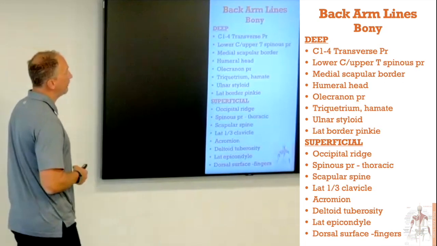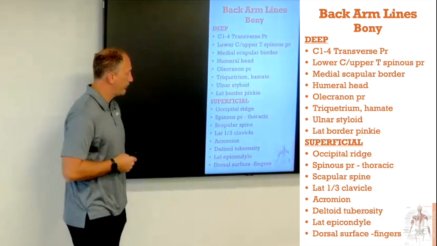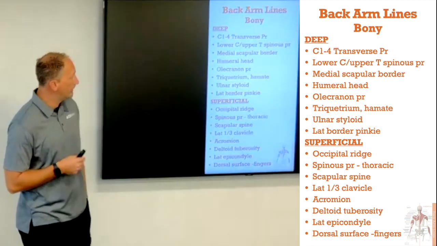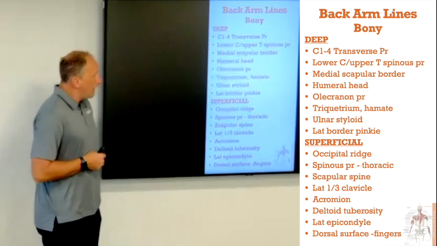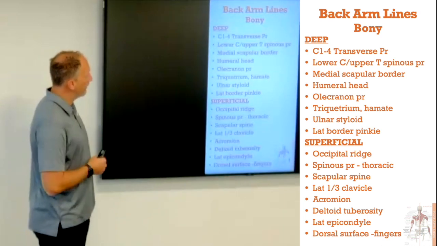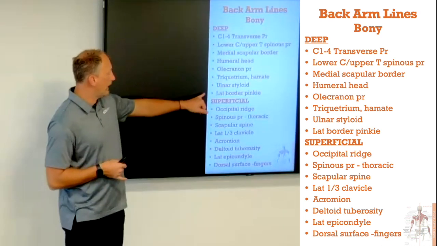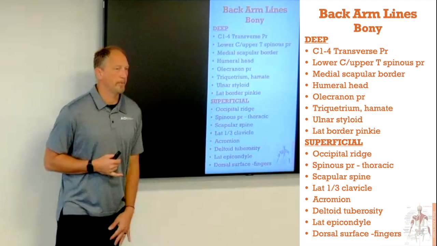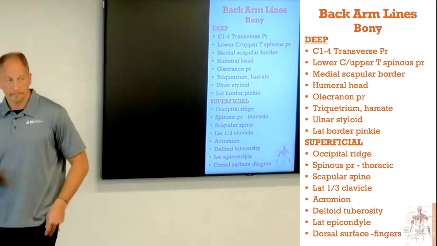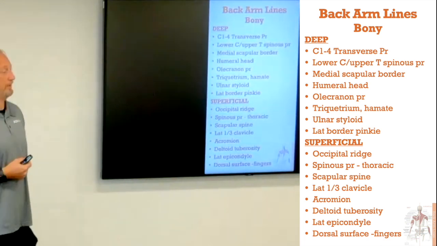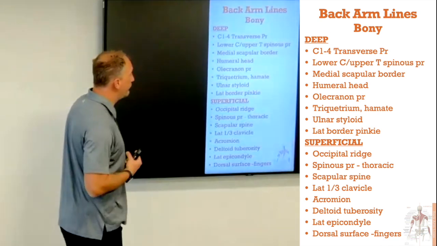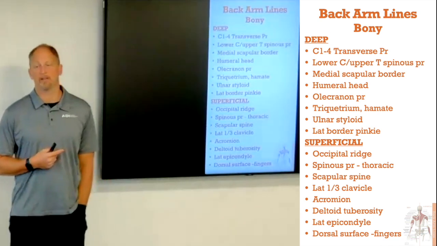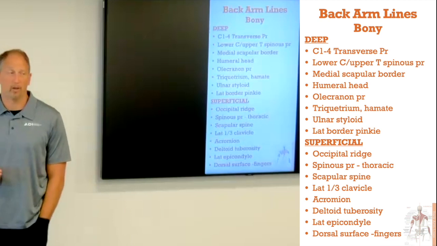From a bony standpoint, we have transverse processes in the deep back arm line, all the way down to our lateral border of the pinky. Superficial back arm line, we have direct tie into the occipital ridge. So we have a direct tie-in to the head and into the neck with the back arm lines.